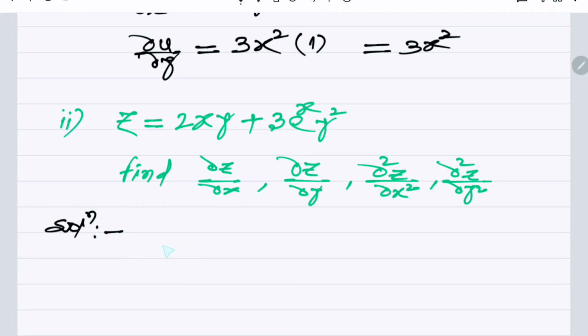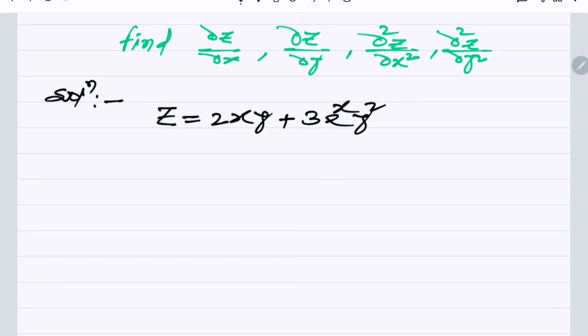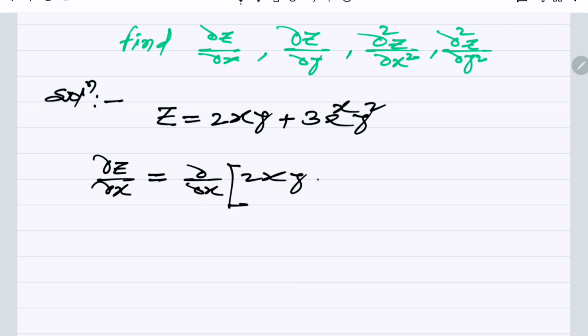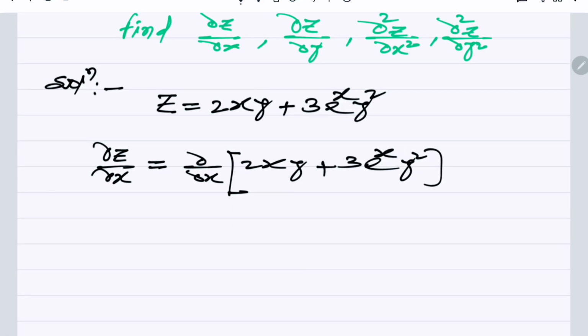Therefore, differentiating first z with respect to x, keeping y constant. Therefore, differentiating first term with respect to x by taking constant terms outside. Those constant terms are 2 and y, we take outside, and differentiation of second term with respect to x.